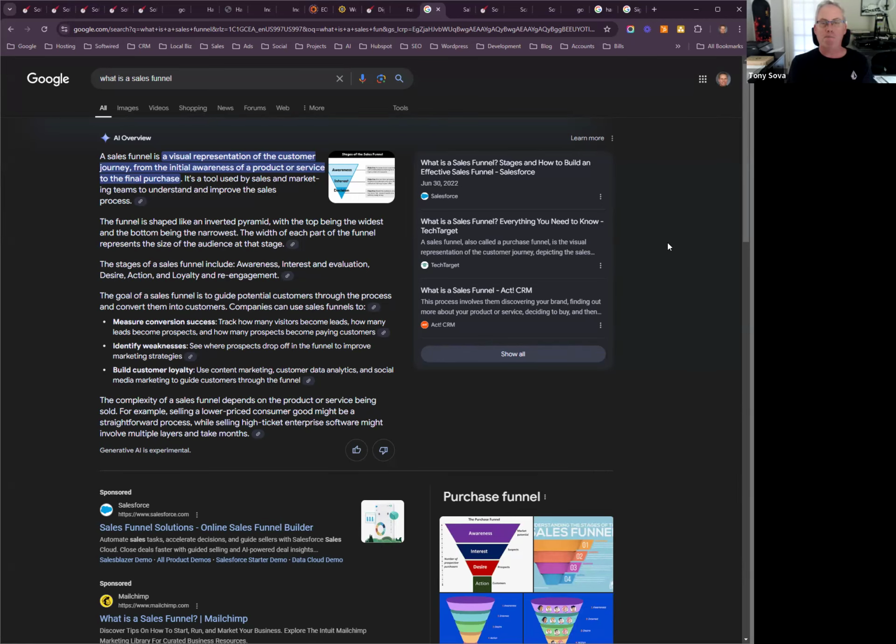I did ask Gemini, which is the Google AI, what a sales funnel is, and it explains it as a visual representation of the customer journey from initial awareness of a product or service to the final purchase. So this is the general idea of funnels and why the vast majority of business owners need a funnel, because websites don't convert people very well.